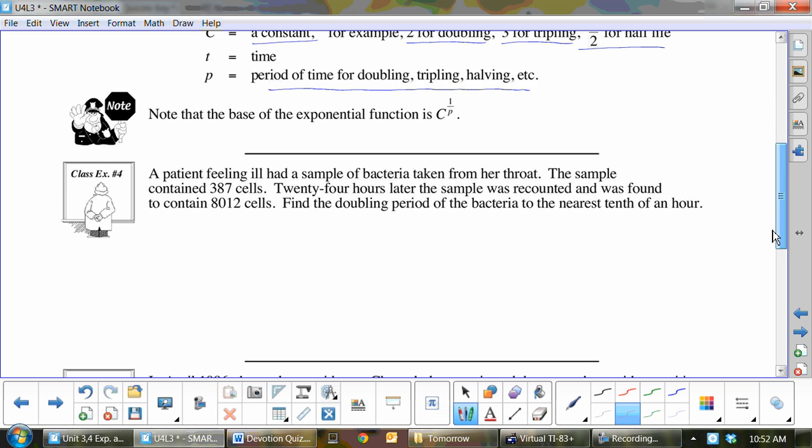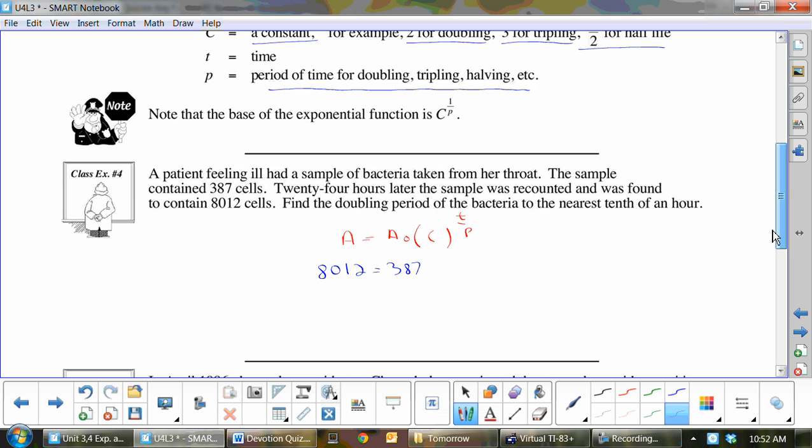So we have this formula, A equals A naught times 2 to the T over P. Okay, now what can we fill in? What's A? 8,012. What do we start with? 387.